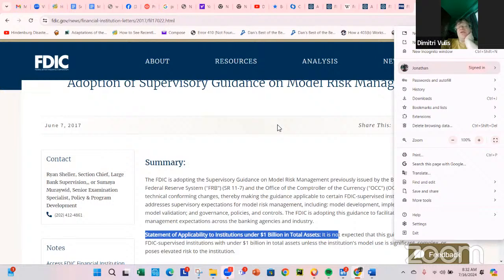This OCC paper is very interesting because it started out as a work program for examiners: these are the things you're supposed to look at, and these are the questions you're supposed to answer. Then they figured it's nicer to let the national bank institutions know what the OCC actually looks for, instead of starting an exam and hitting them with a surprise. This is what we expect. This is how we interpret 11-7.